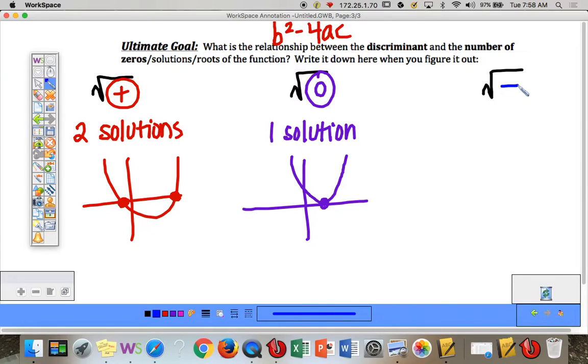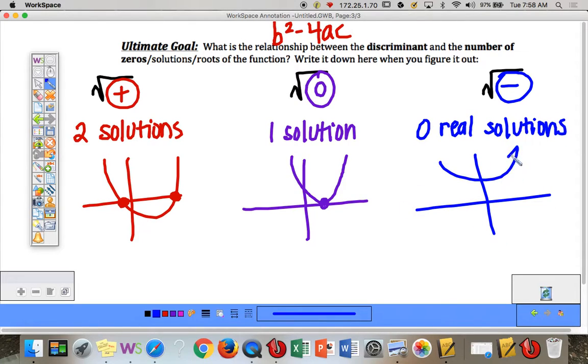And if your discriminant is negative, right now we can't take the square root of a negative number because there's no number times itself that's negative. So there's going to be 0 real solutions. And that graph could look something like this, where it doesn't touch the x-axis right here.